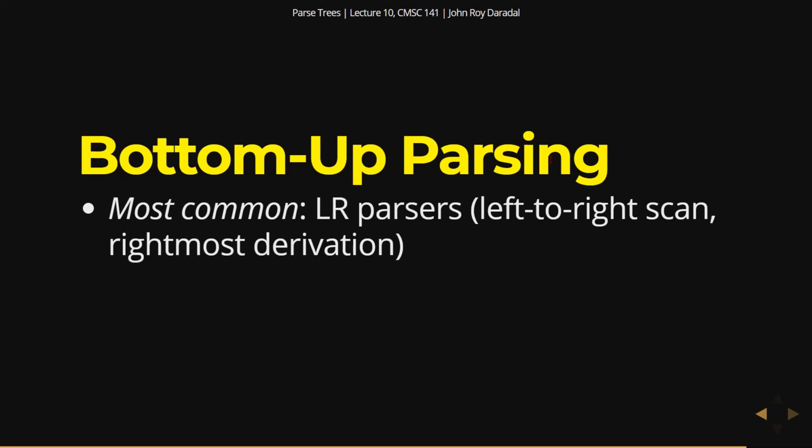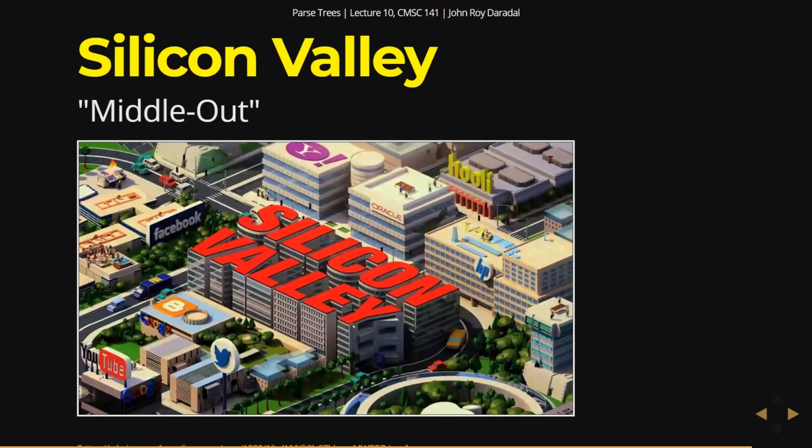So in bottom up parsing, the most common ones are known as LR parsers, wherein you do left to right scan, but you're doing rightmost derivation. Okay, so it's not LLK anymore, so it's LR. So rightmost derivation naman. So example of this would be the LR0 parser in some cases. Okay, that's bottom-up parsing.